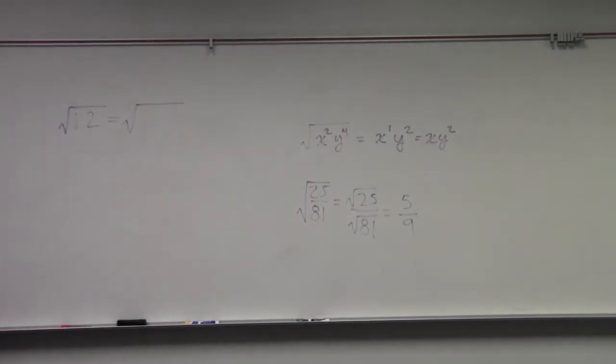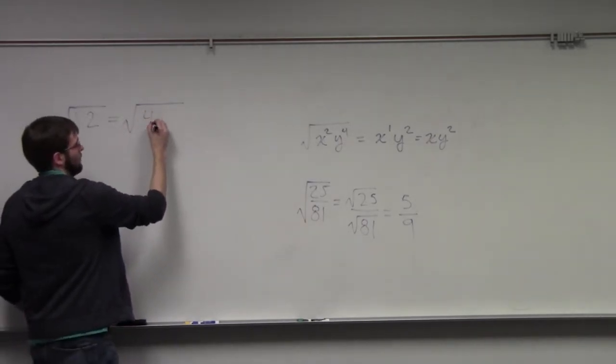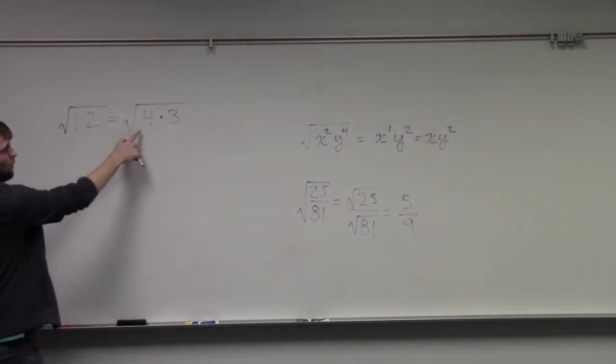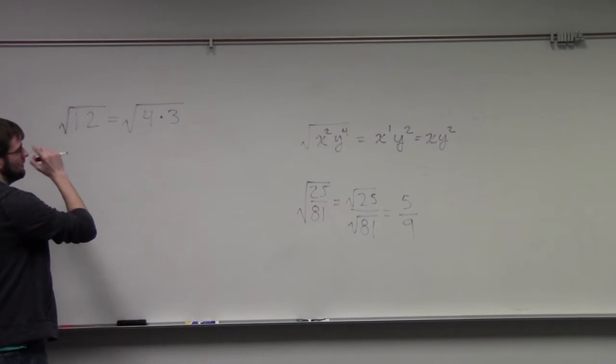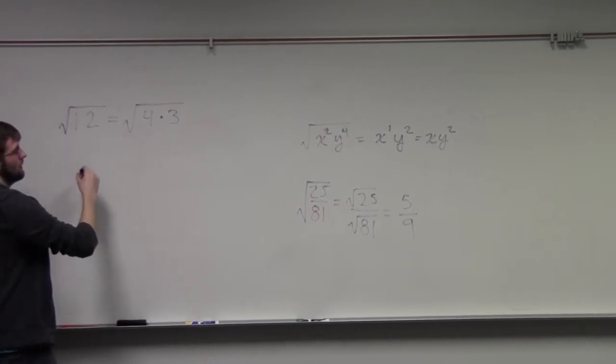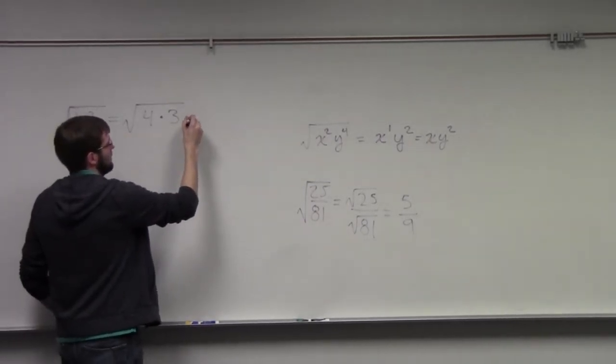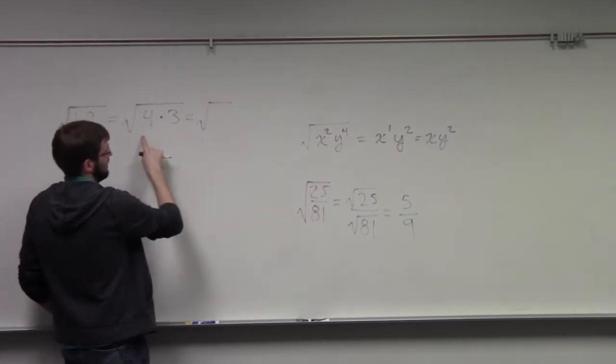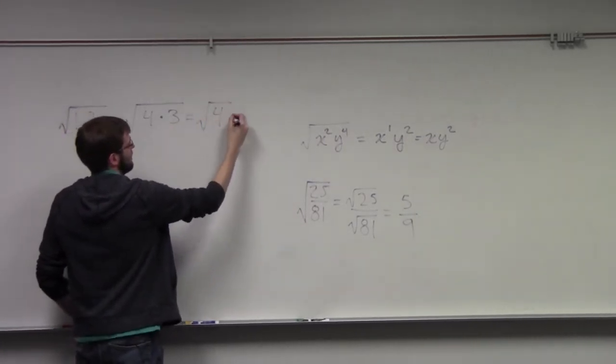All right. So does 12 have a factor that's a perfect square? It does. I have 4. That's right, 4 times 3. So since 4 is a perfect square, I don't want to keep it in here. What's the square root of 4? 2. So one way I can do this is break this apart, just like I did with the division.